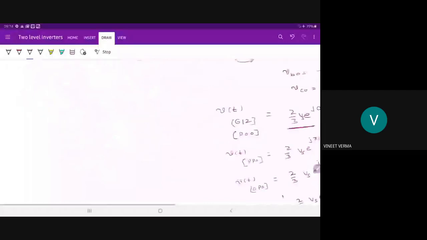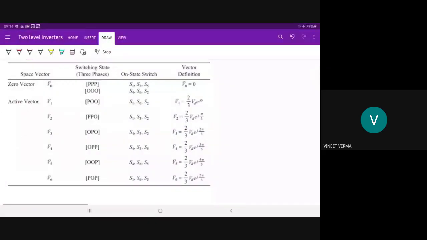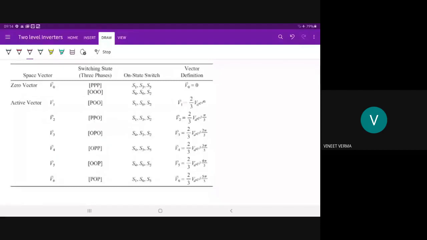So here we can write like this. This is the space vector we define. This is V0, corresponding to switch states PPP and 0, 0, 0. All upper switches are on, or all bottom switches are on, and the corresponding voltage is 0. I assume that this is the V0 vector.